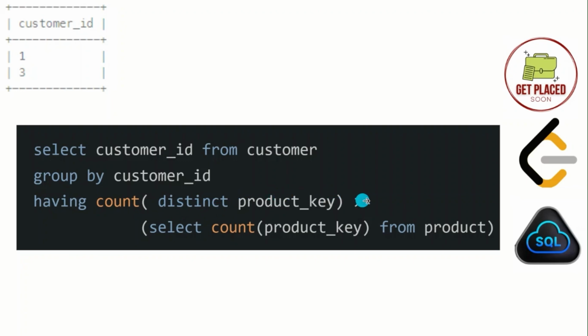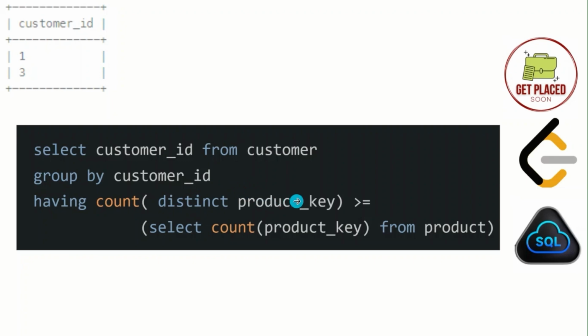Distinct product key, greater than or equal to, again we are counting the number of products present in the shop. So select count of product_key, which is the column name, from the product table. So there are two tables, right? From the product table, we are just checking how many products there are. And then we are checking distinct product_key in the customer table, so that when we do customer_id group by, for each and every customer we will see how many distinct product IDs he has bought.